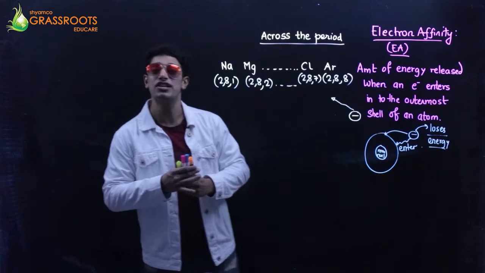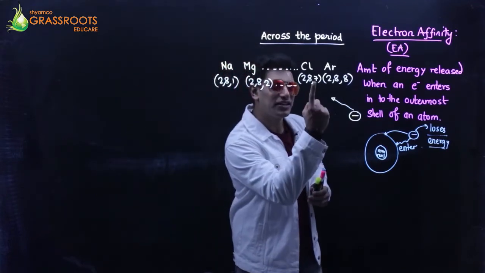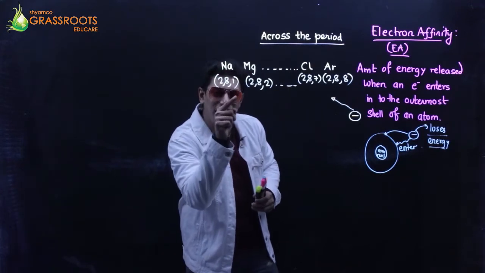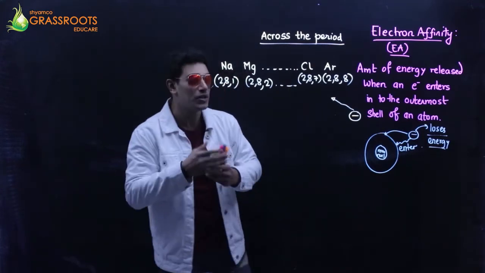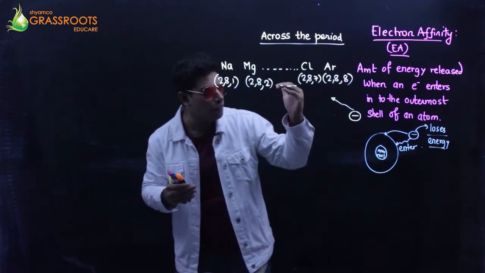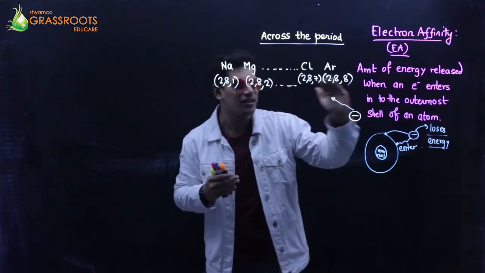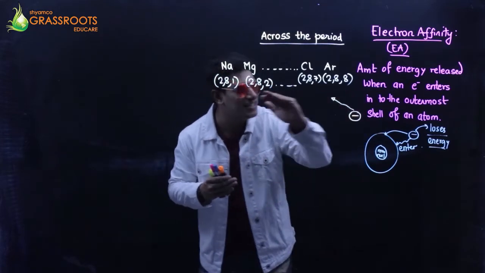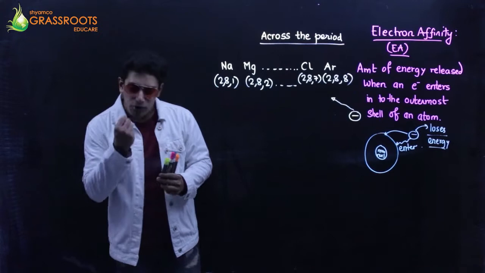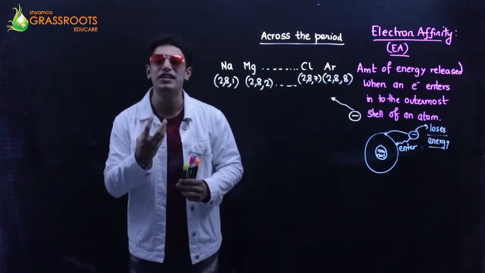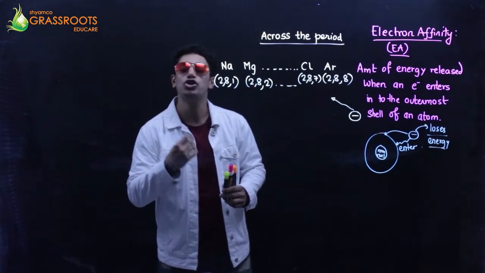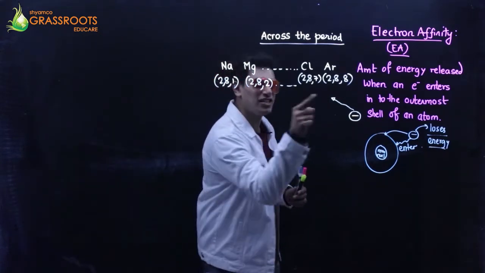Reason is it needs one electron to become stable. Sodium needs 7 electrons to become stable. So obviously the pulling effect, the power of chlorine in this row, in this series which I have written, is the maximum. So can I say the pulling power of electron, the affinity, the liking of electron is more shown by chlorine in this period.